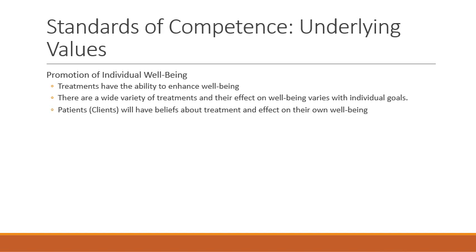So one is the promotion of individual well-being. So having competence allows you to make decisions about what sorts of things will enhance your well-being or won't enhance your well-being. So this is just a practical consideration here, that the more competent you are, the better you are going to be at achieving your goals, and the more incompetent you are, the less able you're going to be to do that.